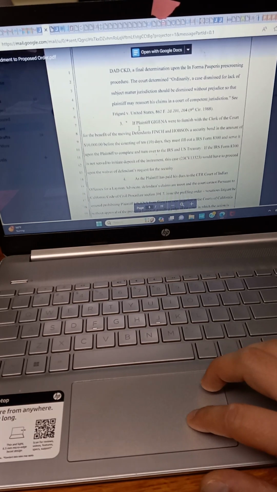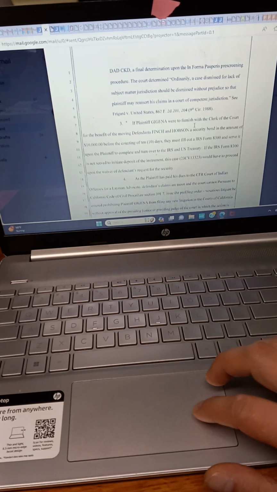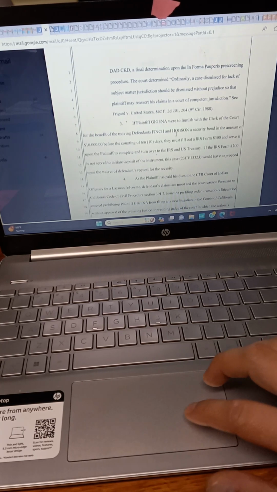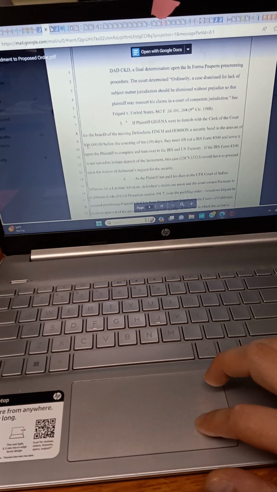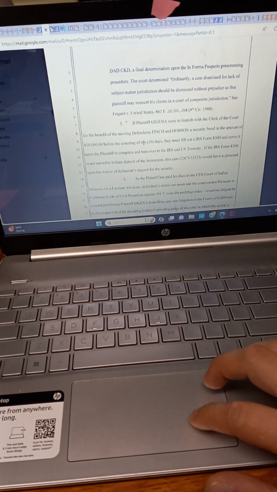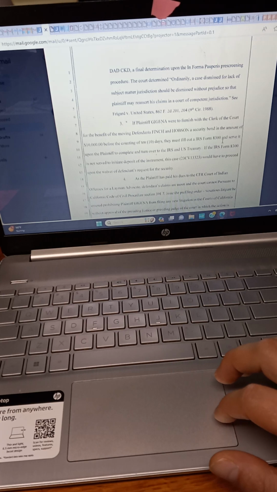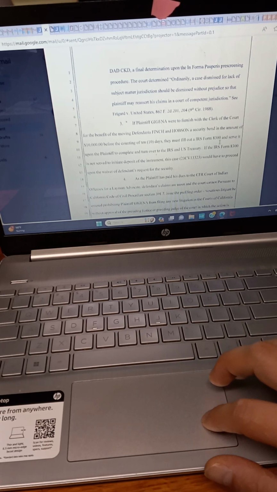And 3. If plaintiff Jejena were to furnish with the clerk of the court for the benefit of the moving defendants Finch and Hobson a security bond in the amount of $10,000 before the counting of 10 days, they must fill out an IRS form 8300, which is anything over $10,000. You have to fill out this IRS form 8300.